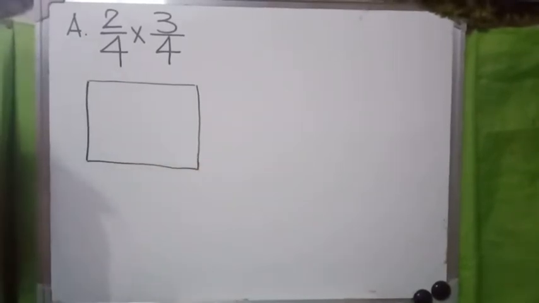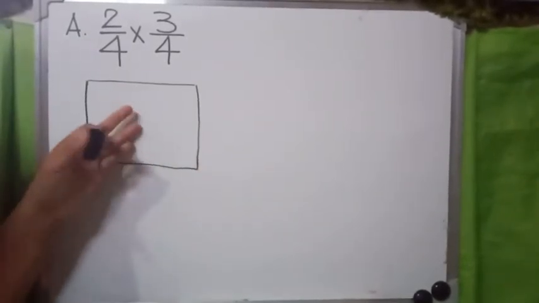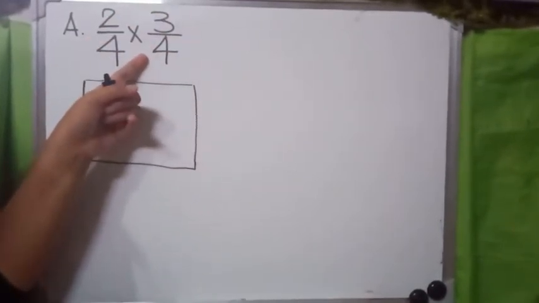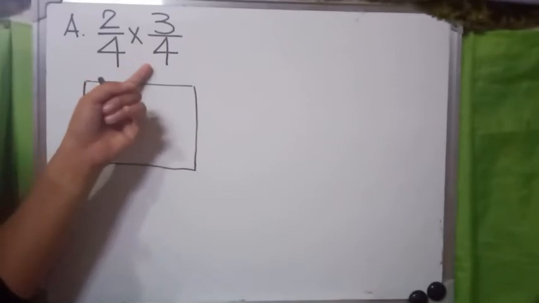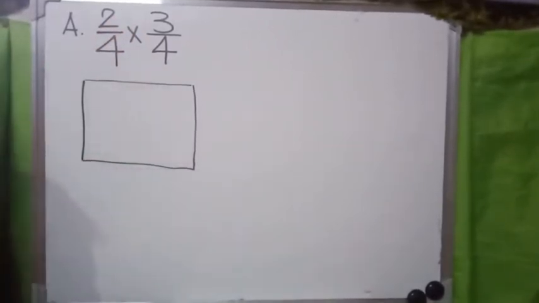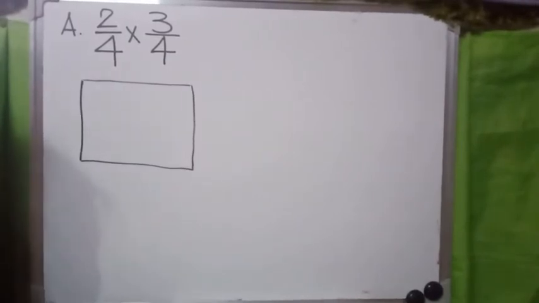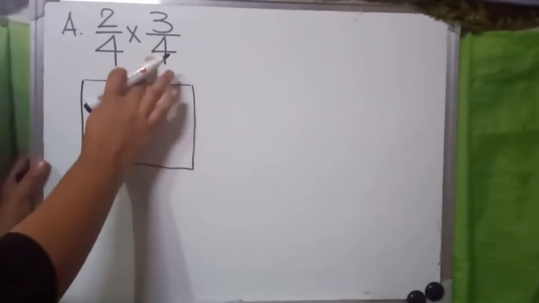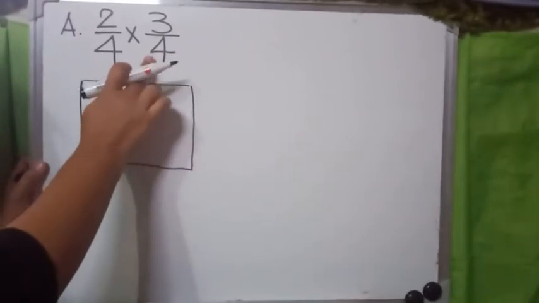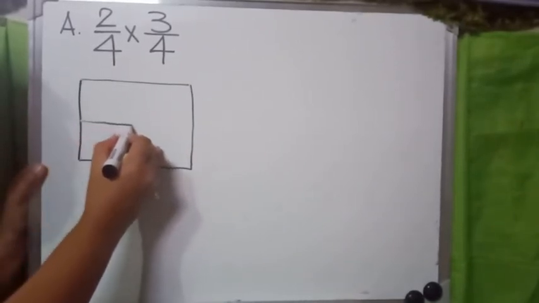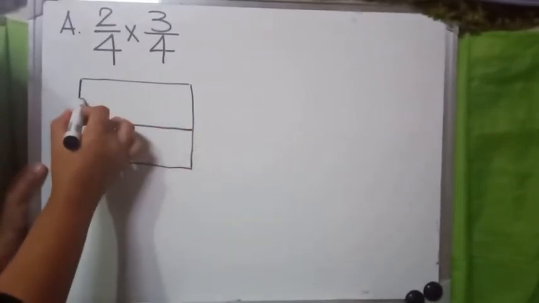After creating a rectangular strip, look at your second fraction, that is 3/4. How many parts do we need to cut it into? The total division of the rectangular strip, that is 4. Look at the denominator of your second fraction, that is 4. So we will cut it into 4.